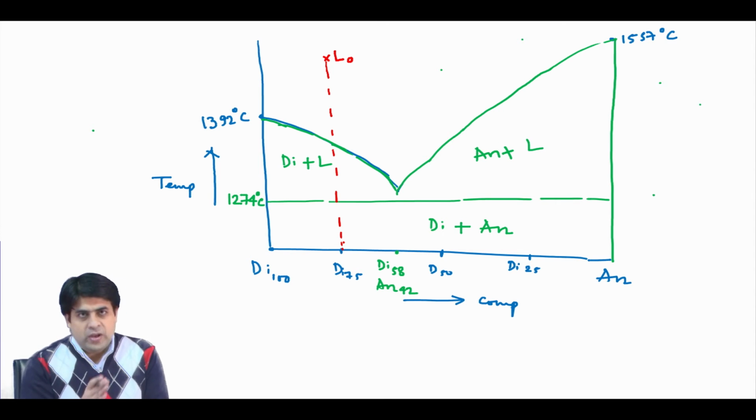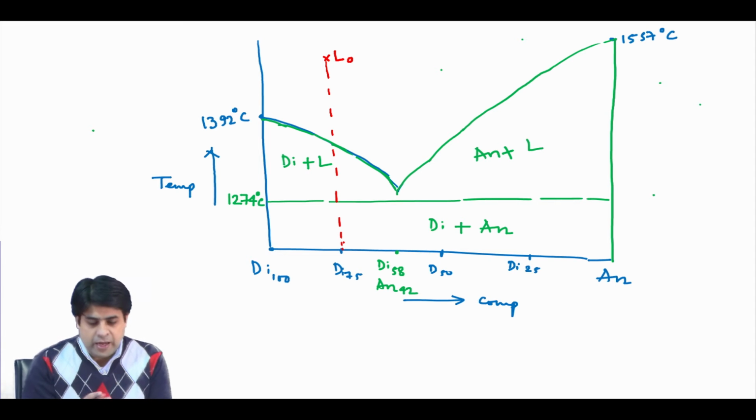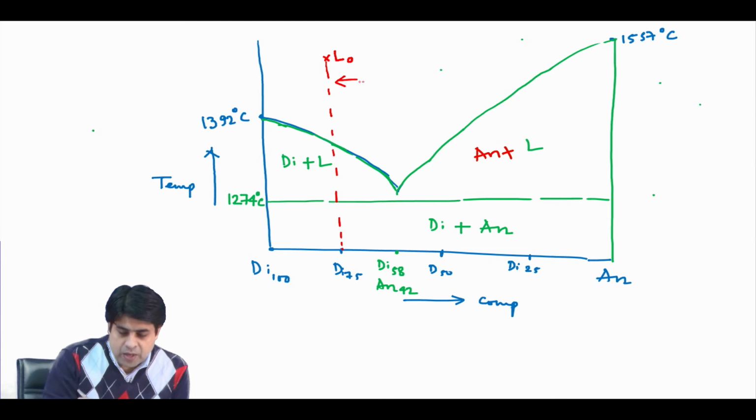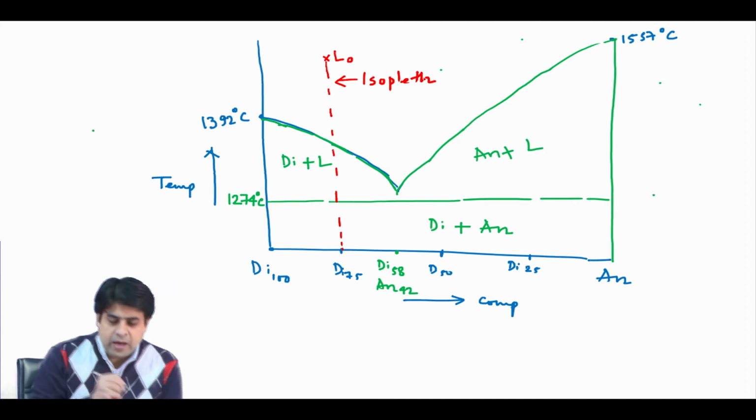When the composition is fixed along the line, this is known as an isopleth.